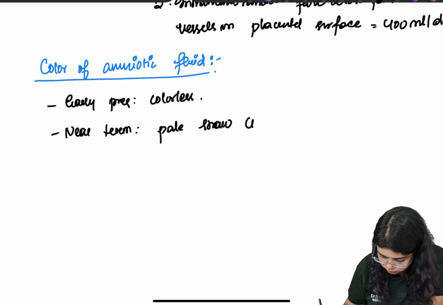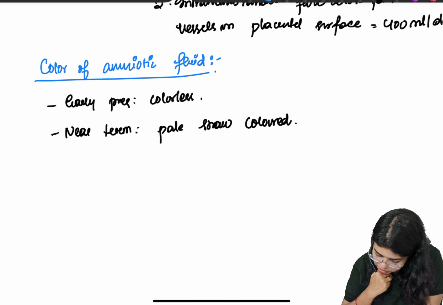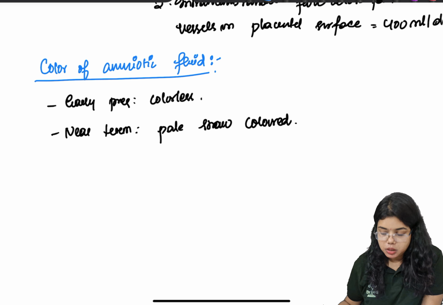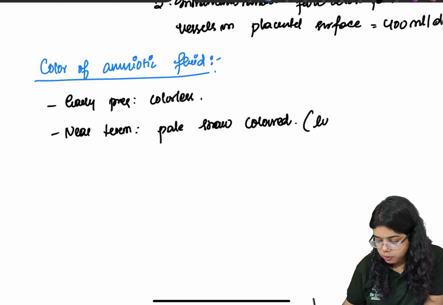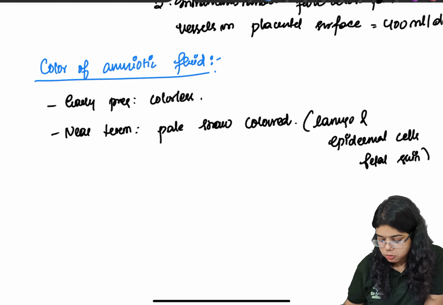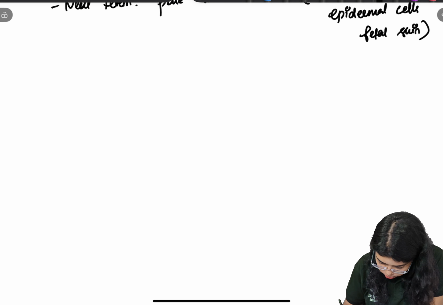Why is it pale straw? Because of the presence of lanugo hairs and epidermal cells from the fetal skin. So this is the normal color. So what are the abnormal colors?